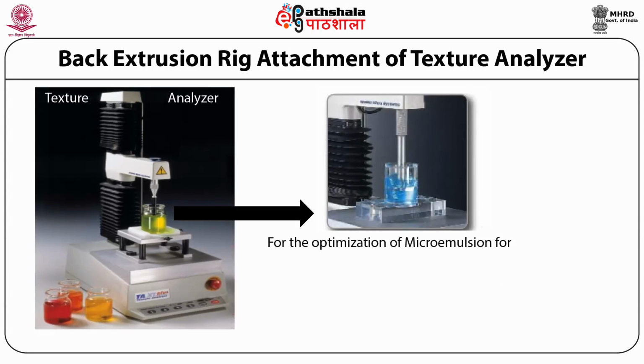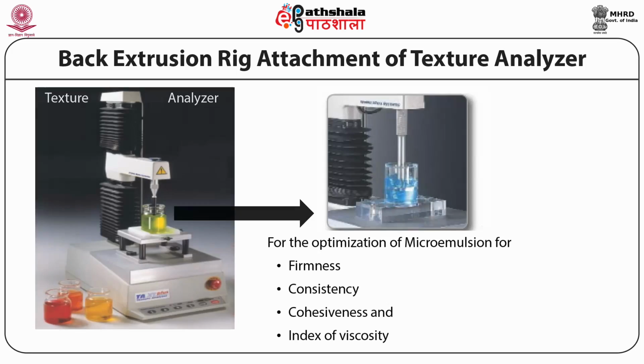This is an image of the texture analyzer fitted with the back extrusion ridge attachment. This is the image of the attachment whereby the probe moves to and fro, that is up and down, with the help of an instrument, and we obtain parameters such as firmness, consistency, cohesiveness, and index of viscosity.